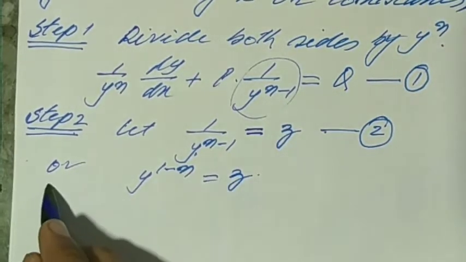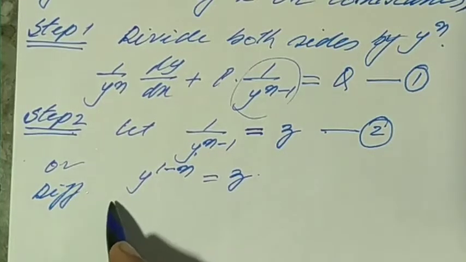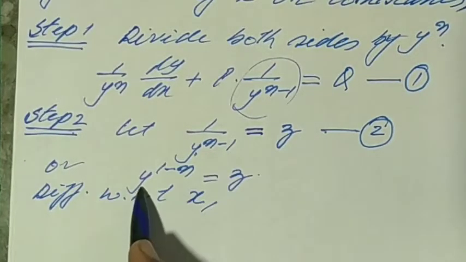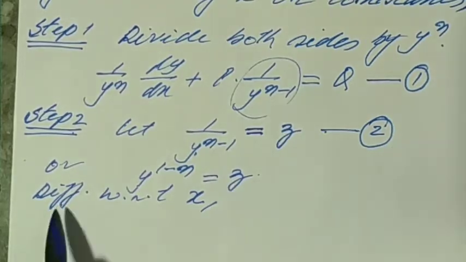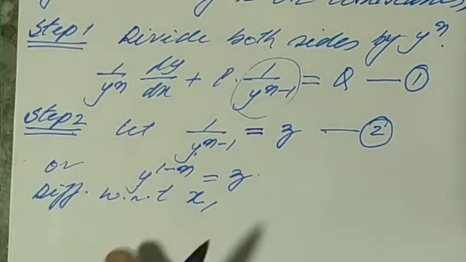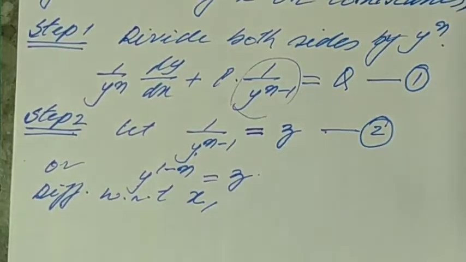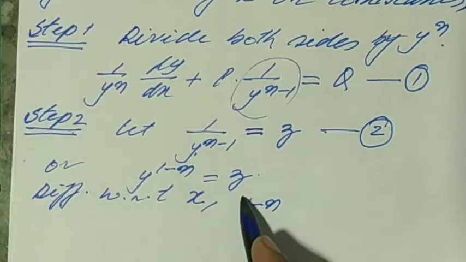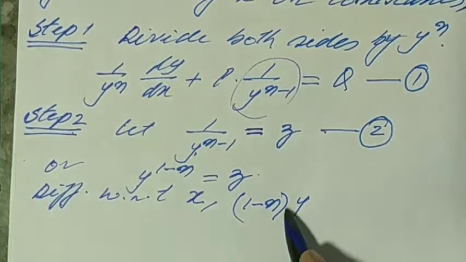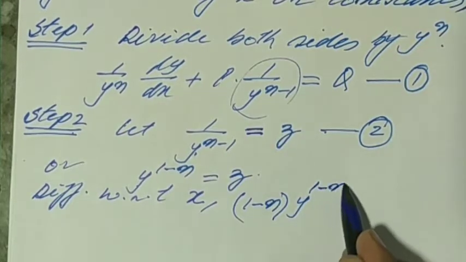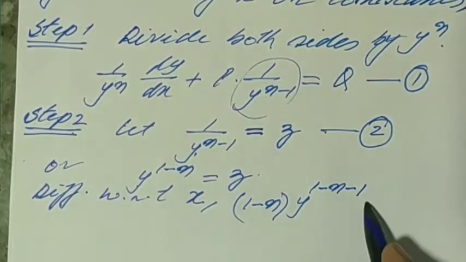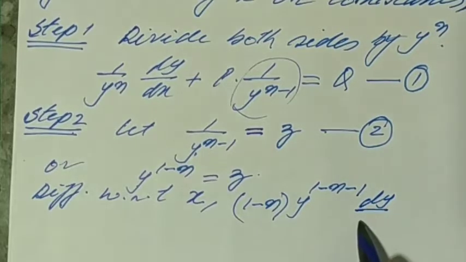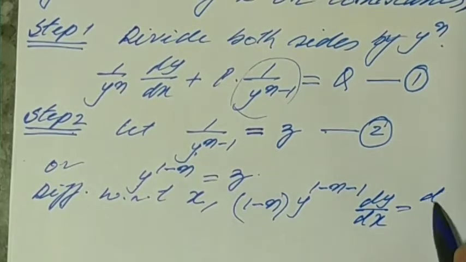Then we have to differentiate it with respect to x. By chain rule, we have to differentiate both sides because we are differentiating with respect to y, but we have two variables y and z which are assumed to be functions of x. So we get (1 minus n) y raised to the power (1 minus n minus 1) dy/dx is equal to dz/dx.